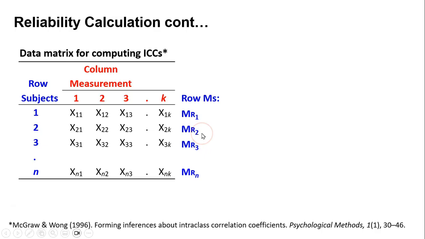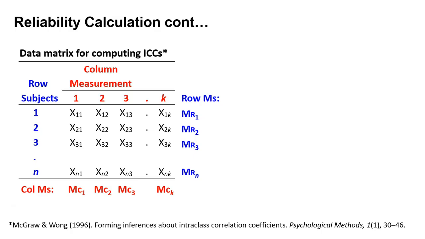Then you could have a mean for row 2 and a mean for row 3, etc., all the way down for however many subjects you have. Likewise, we can get the means for the columns. I have those in red to correspond to the column. So we have mean of column 1, mean of column 2, mean of column 3, all the way over to however many questions or raters or time periods that you have.